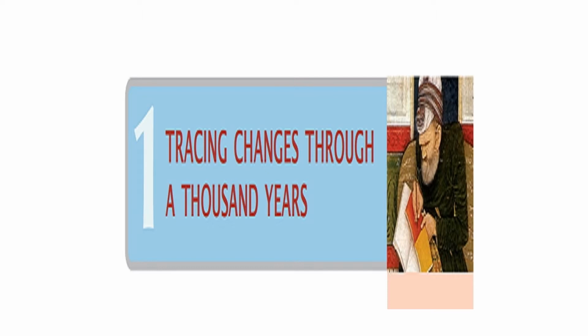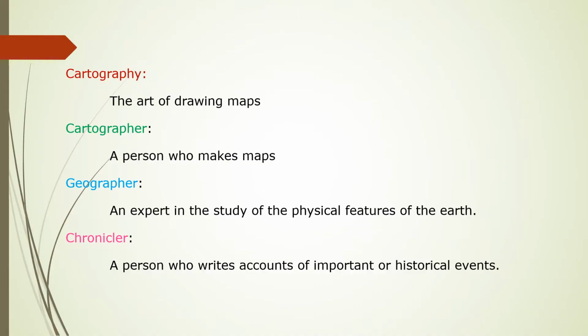Coming to the starting page of the textbook, we will be knowing about two different maps. Before that, you have to know these terms which are very important. Cartography means the art of drawing maps, and a person who specialized in drawing maps is termed a cartographer.